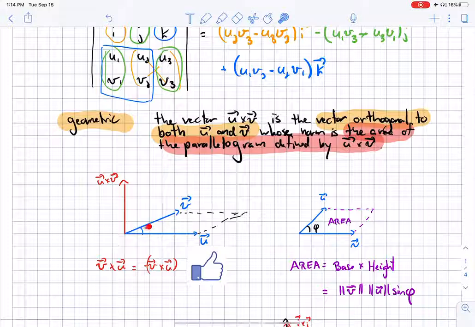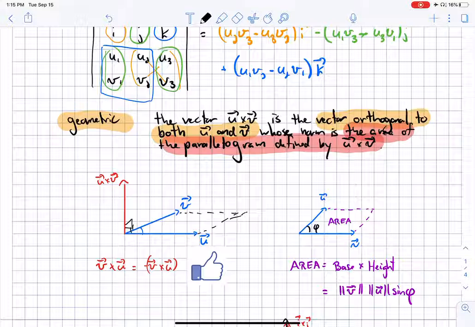All right. So what does that mean? So imagine I have u and v. This is u. This is v. Okay, in 3D. So that's in the plane, if you want, the xy plane, and this sticks out. So u cross v is both orthogonal to u and v. So I have these two right angles.